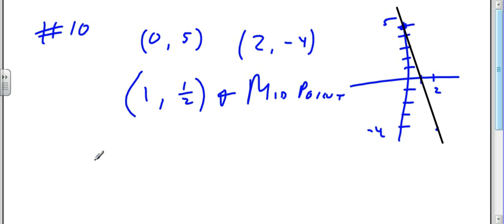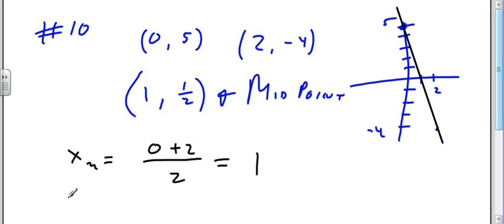Now the math says the midpoint of the x-coordinate is the summation of the two x's divided by 2, which appears to be 1, and the y component would be the summation of the two y's divided by 2, which would appear to be 1/2. And so use the math, draw a picture, either way works for me.